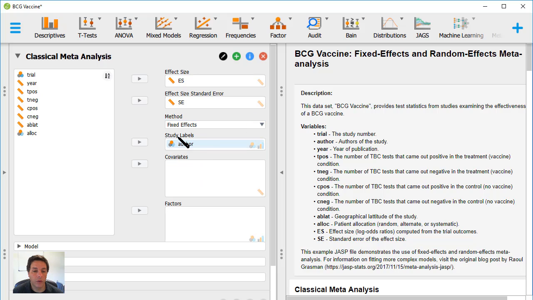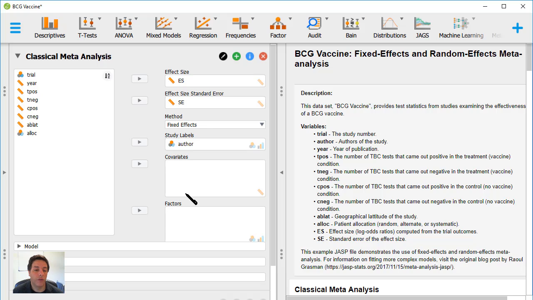And here go the study labels. This is not part of the analysis, but it makes the output more elegant. So in the output, you will get the names of the authors instead of just study 1, study 2, study 3, study 4.